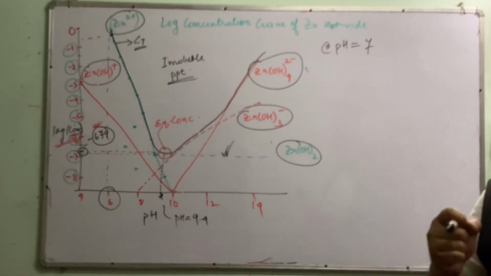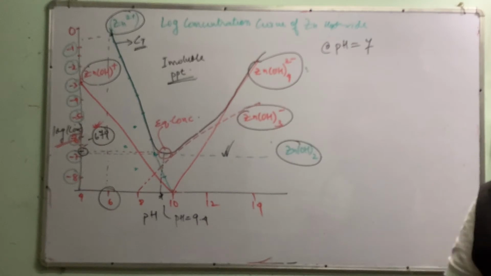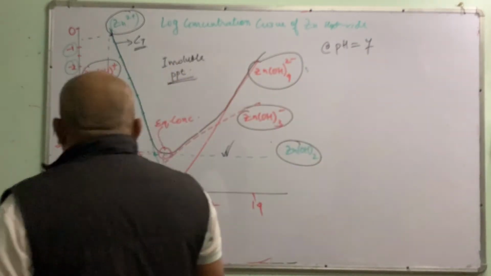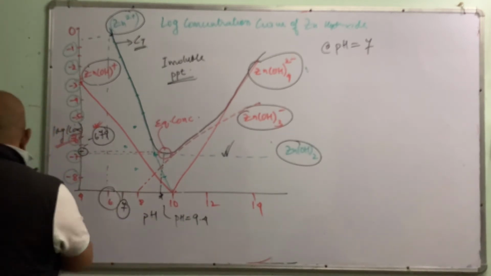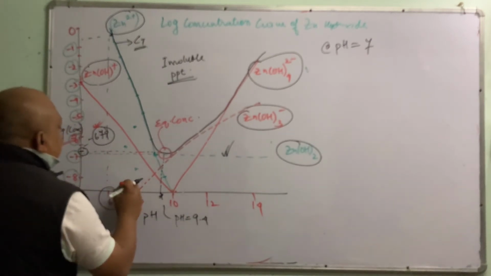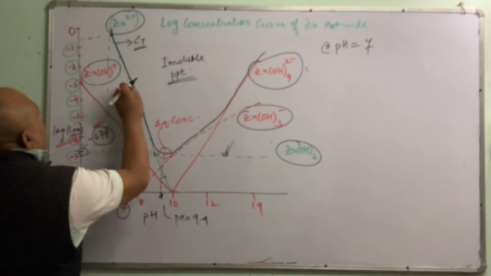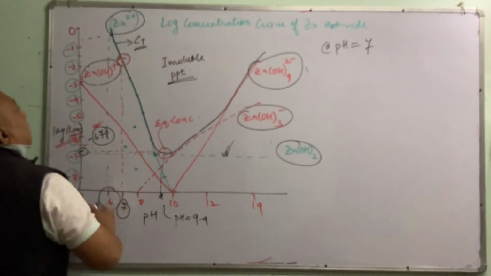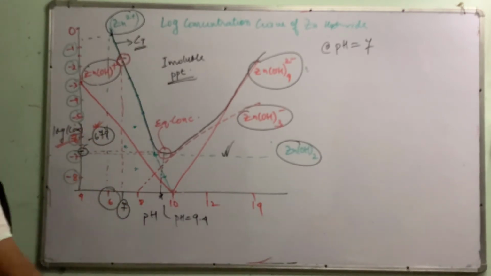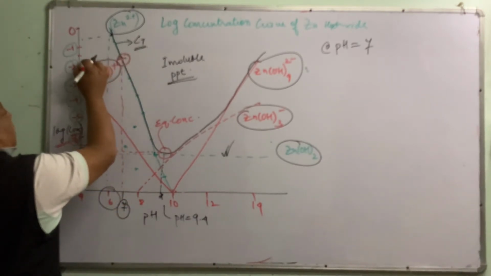Then the question is, what will be the value of the concentration at which it will get precipitated? If pH 7, then this is pH 7. Then at pH 7 you can draw the graph. My graph may not be exactly accurate. So this is pH 7. At pH 7 you have to find this value.